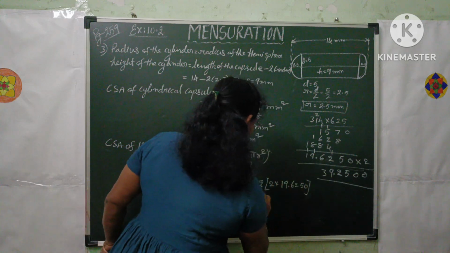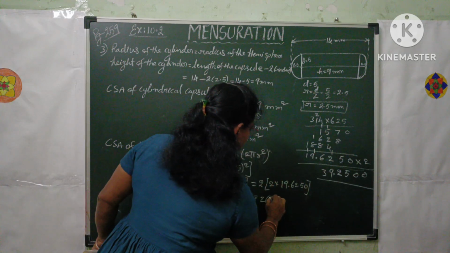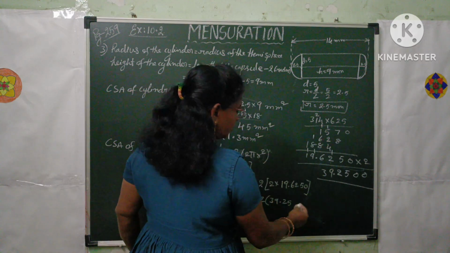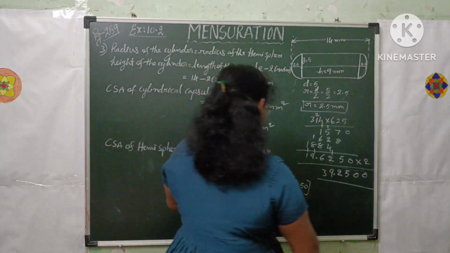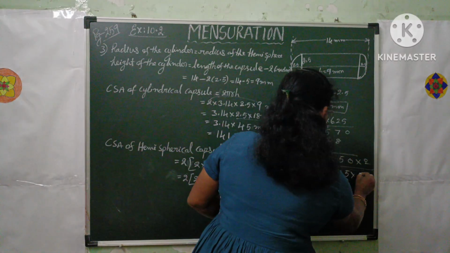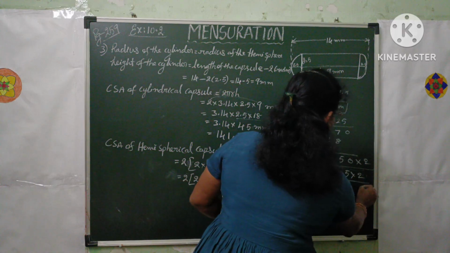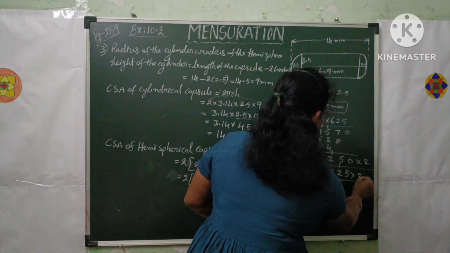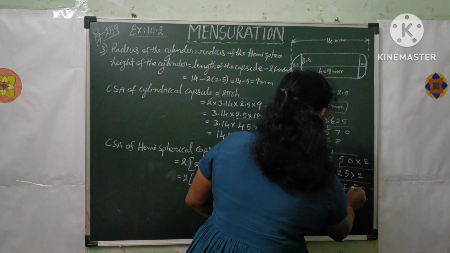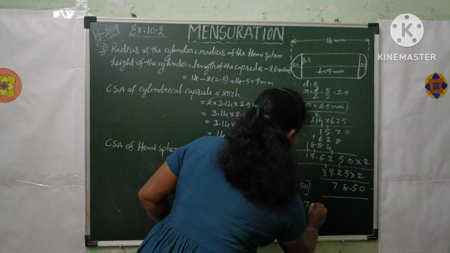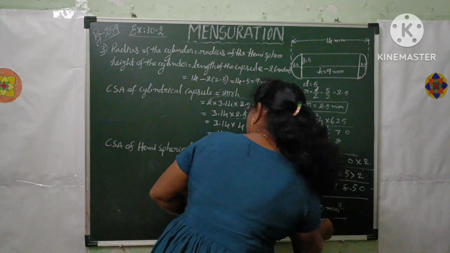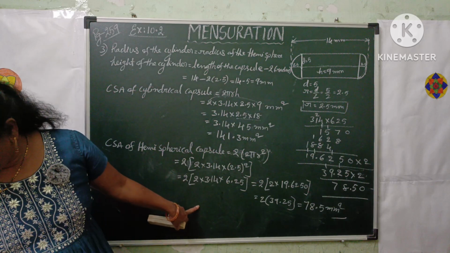That is equal to 2 into 39.25. After the decimal place zeros do not count, no problem. So again we need to multiply with the 2. That is equal to how many decimal places? That is equal to 78.5 mm square. This is for the hemispherical portion.